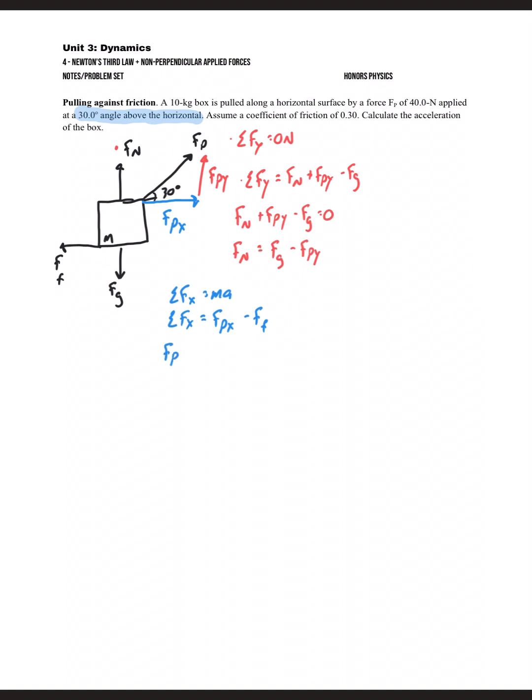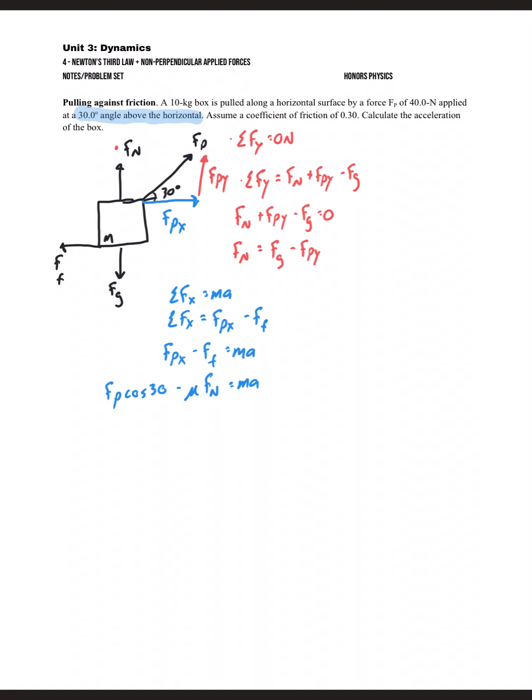Subbing those two in, I'll have Fpx minus the force of friction is equal to mass times acceleration. And on these, I like to take them down as far as I can go, simply because it makes sense to see where they are coming from. Fpx is going to be Fp cosine 30. That's the x component of that force. Friction force is defined as mu times the normal force.